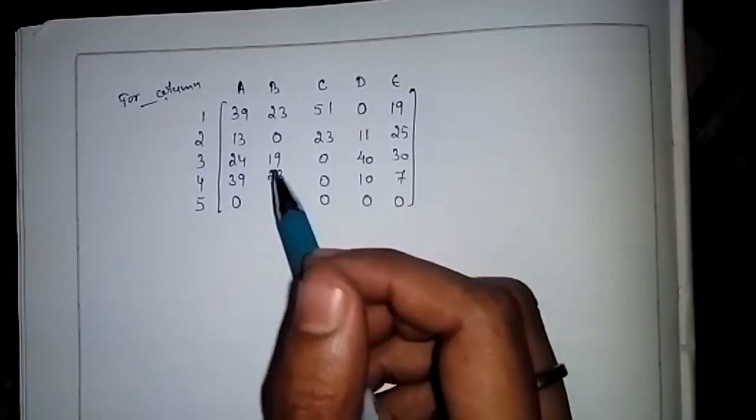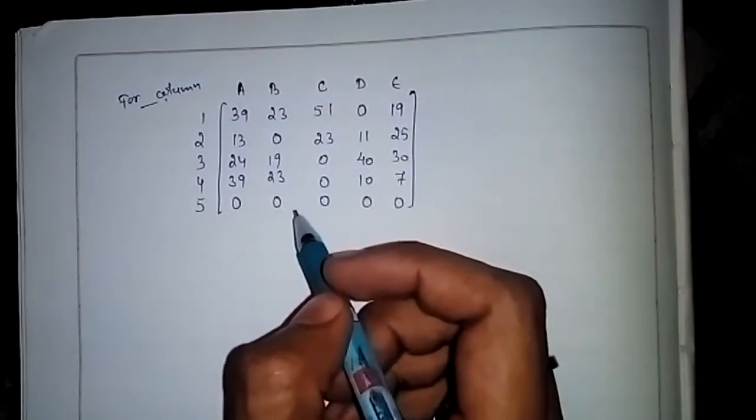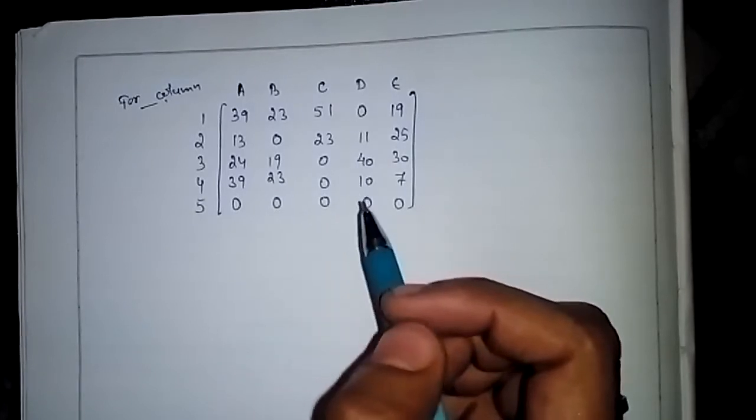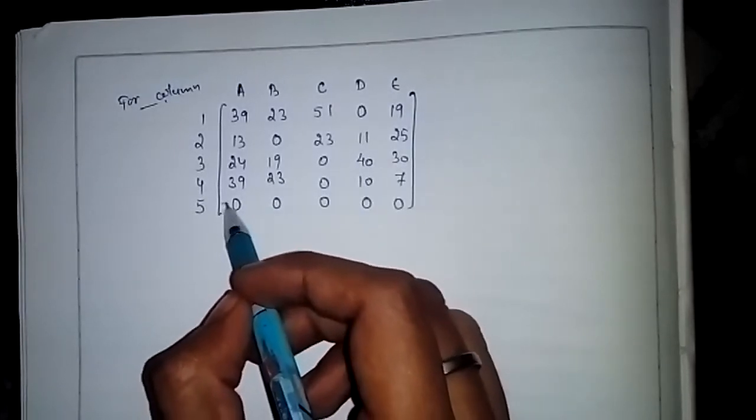So now we will draw the horizontal and vertical lines to cover up all the zeros.